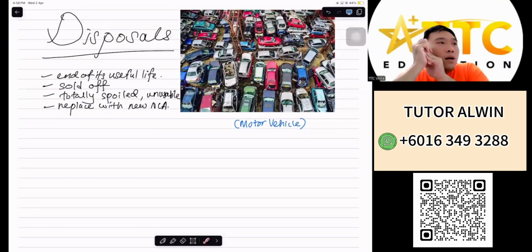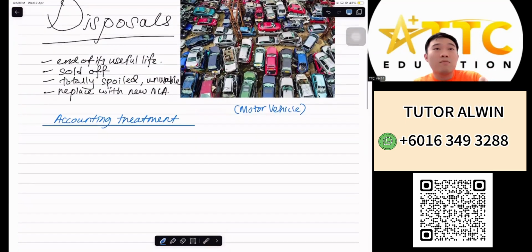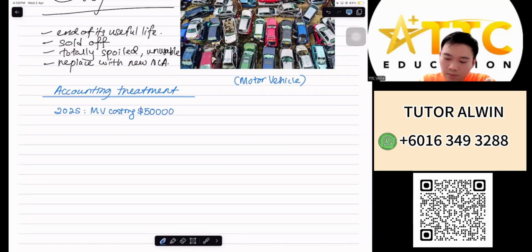Now, how will the accounting system work then? The accounting treatment. Say in 2025, we buy a motor vehicle costing 50,000.